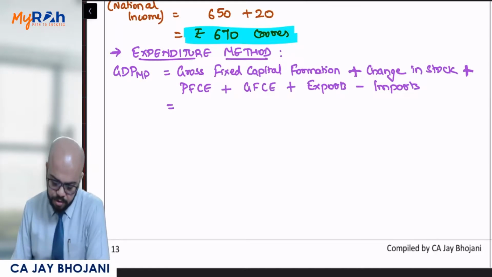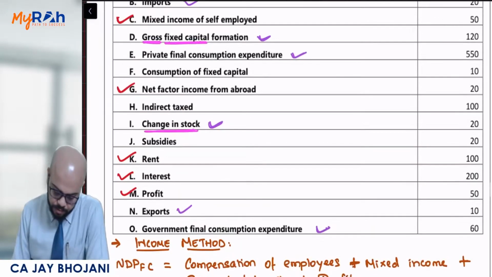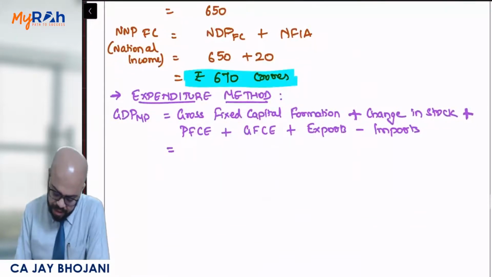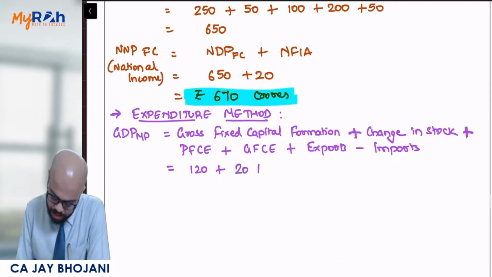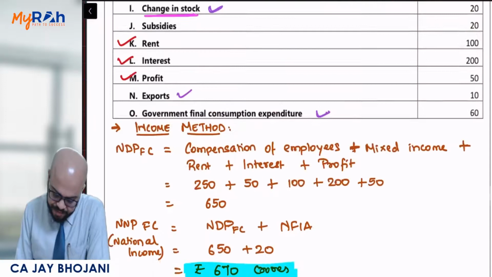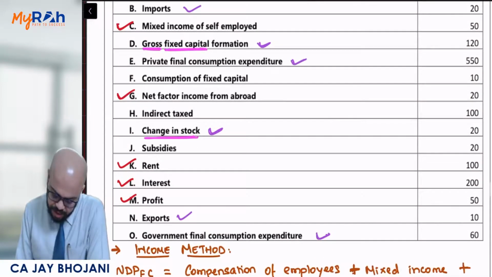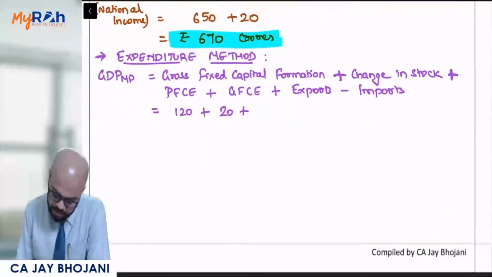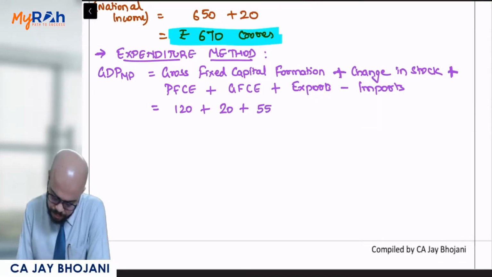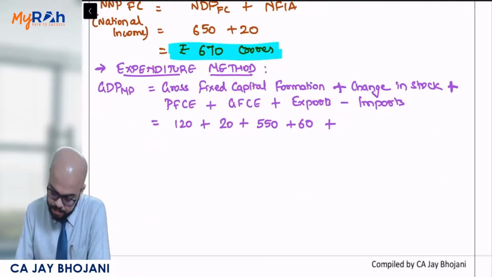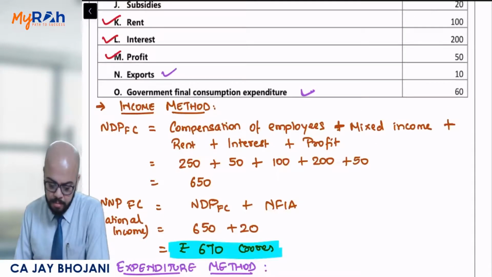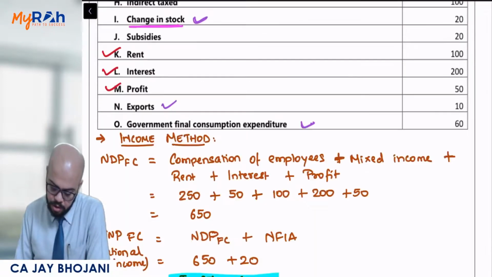Let's put in the values. Gross fixed capital formation was 120. Change in stock is 20. PFCE was 550 and GFCE was 60. 550 plus 60 plus exports 10 and minus imports 20.